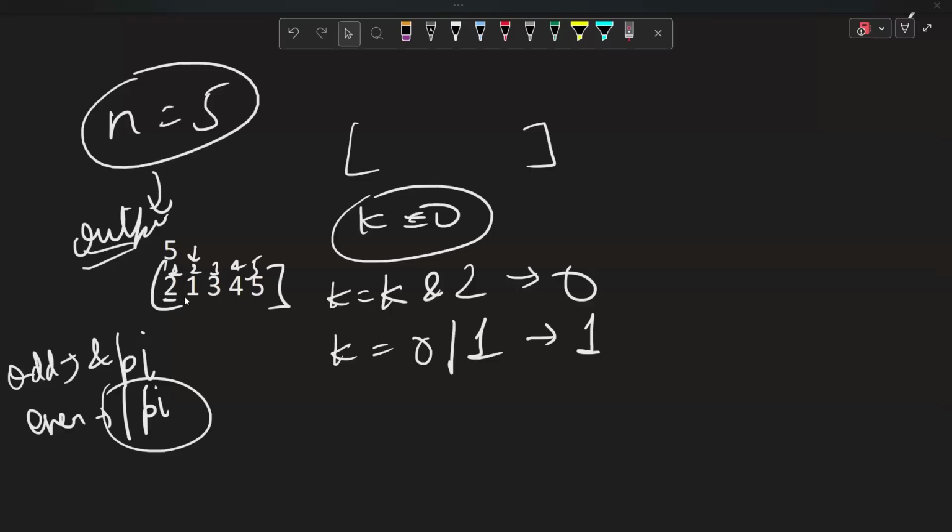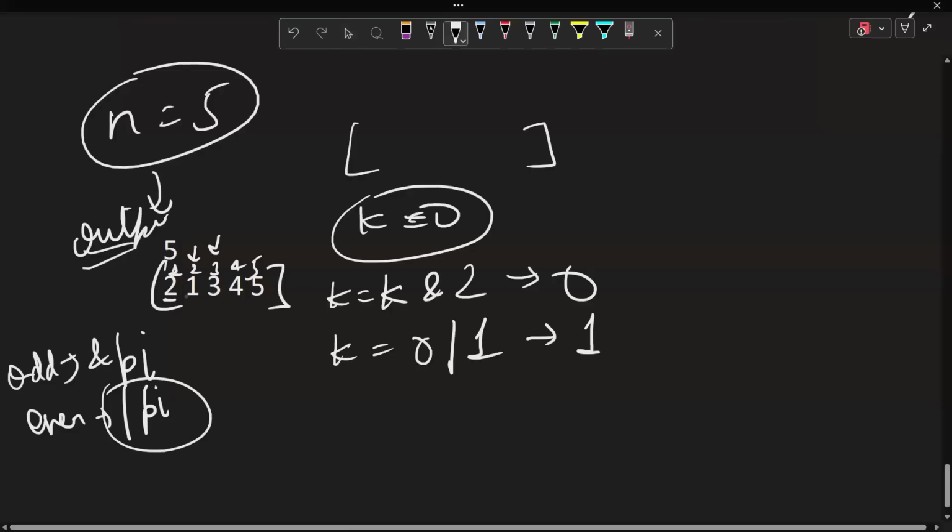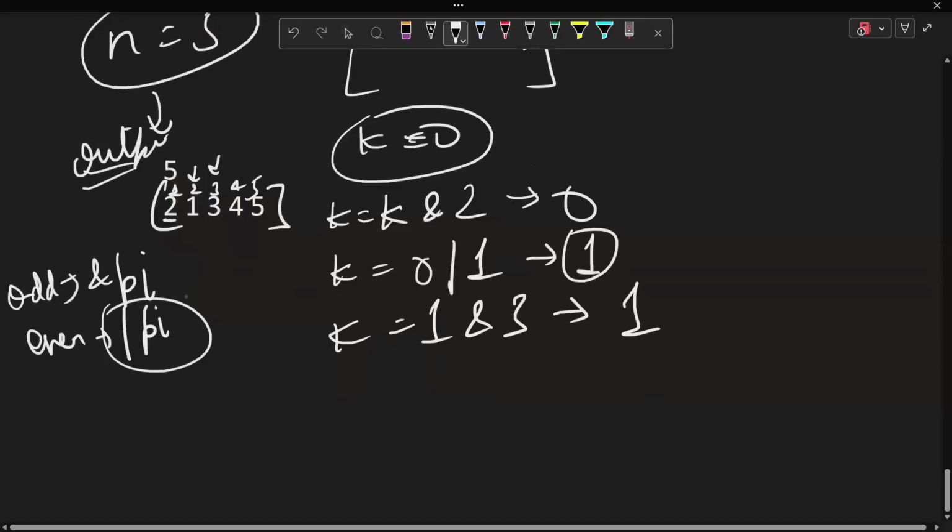After that, you would move to i equal to 3. For odd, you would do an AND. Your k was 1, so 1 AND 3 would be 1. Then you move to i equal to 4. Since this is even, you would do whatever k you had OR with this value 4.